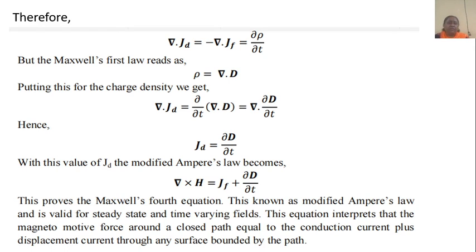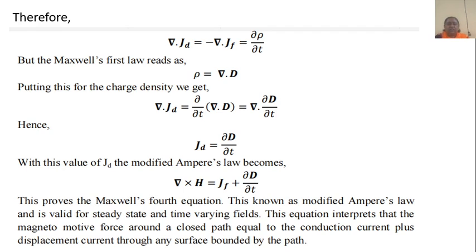But Maxwell's first law reads rho equal to del dot D. Now putting the value for the charge density, we get del dot JD equal to del dot delta D by delta T, and so JD equal to delta D by delta T. And this is the value of JD, so the modified Ampere's law becomes del cross H equal to JF plus delta D by delta T. This proves the Maxwell fourth equation, and this is known as the modified Ampere circuital law and is valid for steady state and time varying fields.